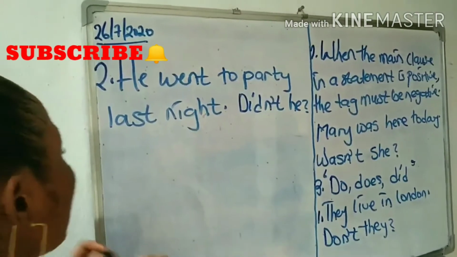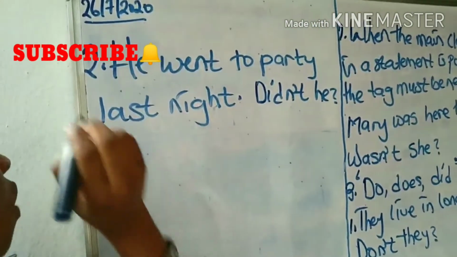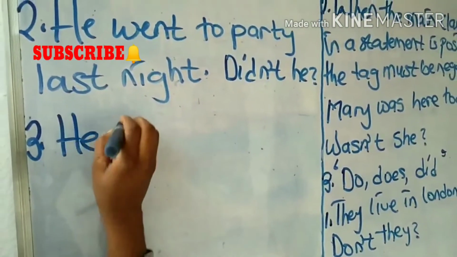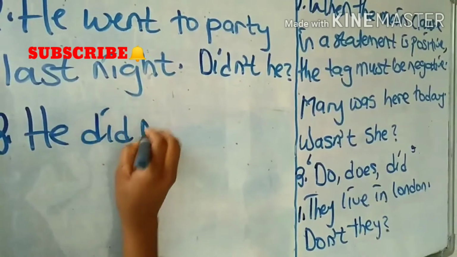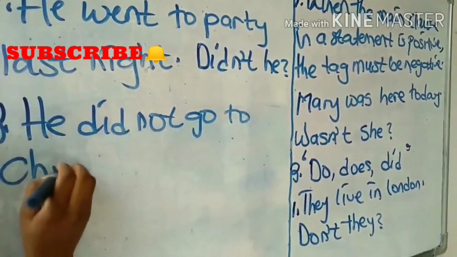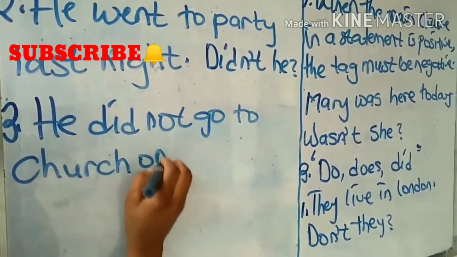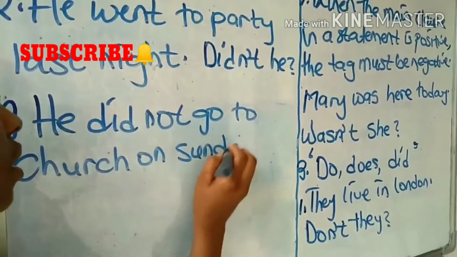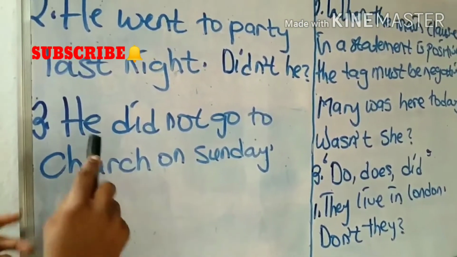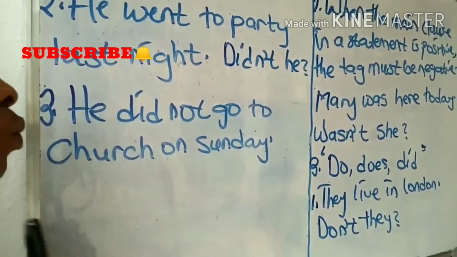Didn't he? Now, the third example that we're going to take is that he did not go to church on Sunday. Look at the statement. The statement is what?